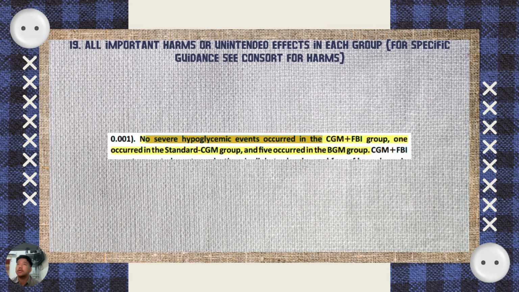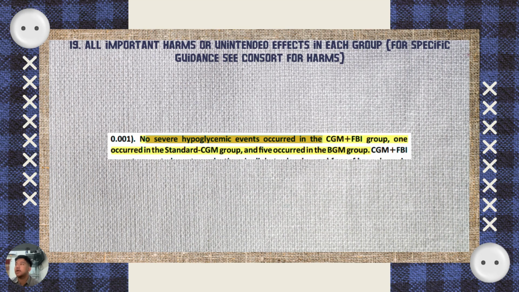And then for item 19, all important harms or unintended effects in each group. In this article it is mentioned five severe hypoglycemia events occurred in the BGM group but none in the CGM plus FBI group. The reporting of adverse effects in the article is adequate.